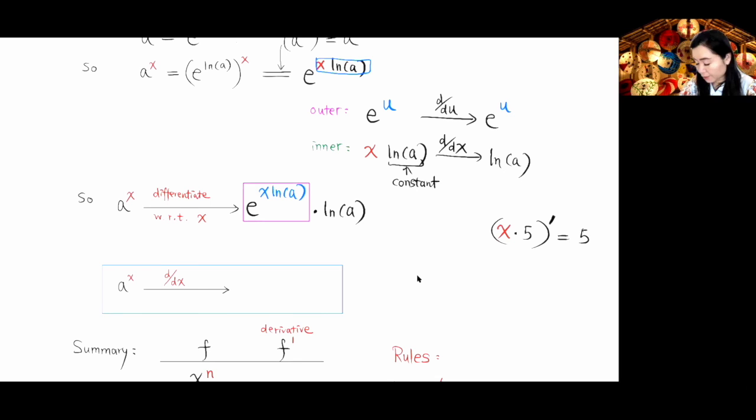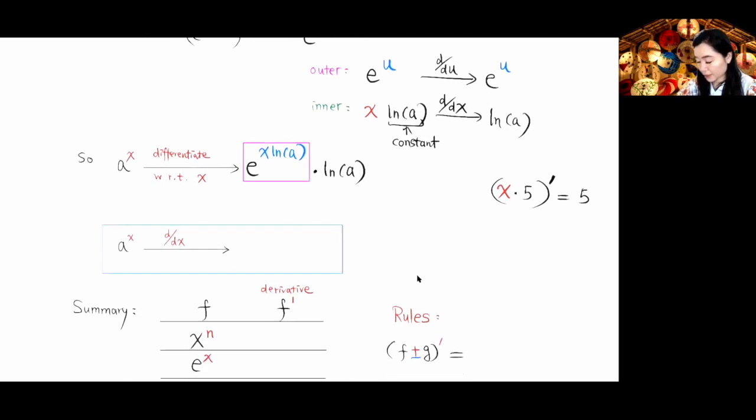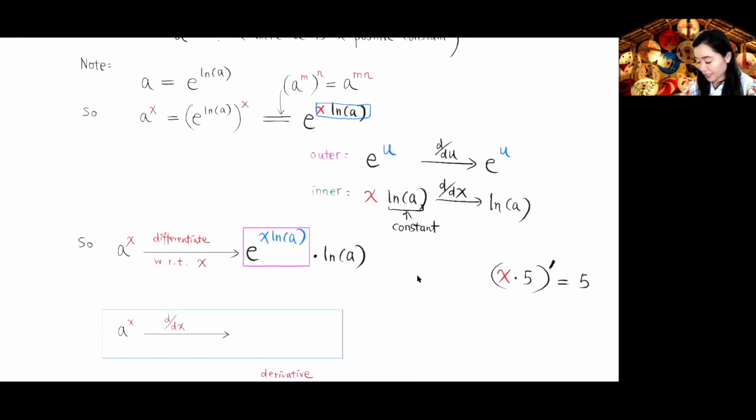Can this be simplified? e to the x times ln of a is equal to what? a to the x itself. This is the same as a to the x, so we can replace this by a to the x right here.